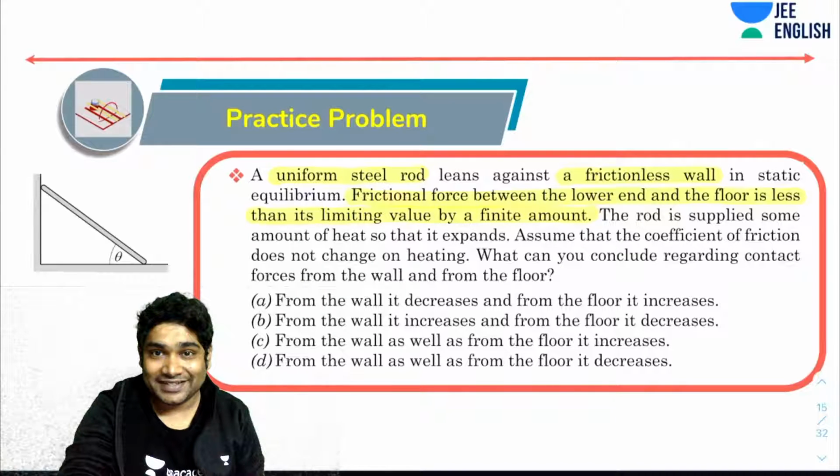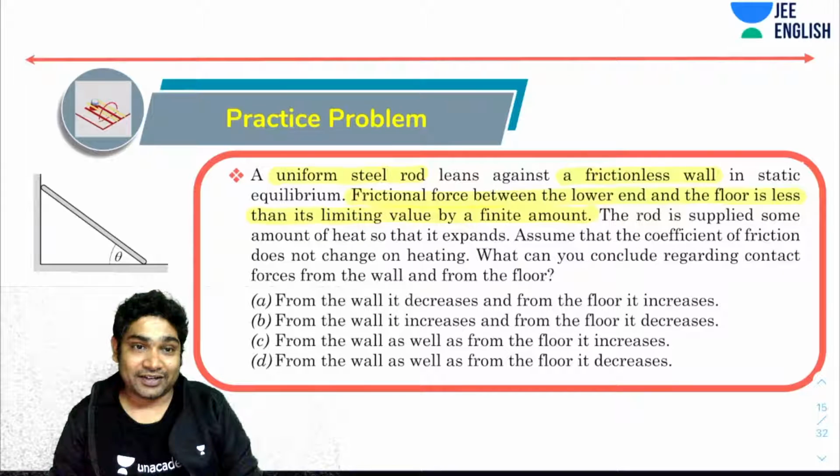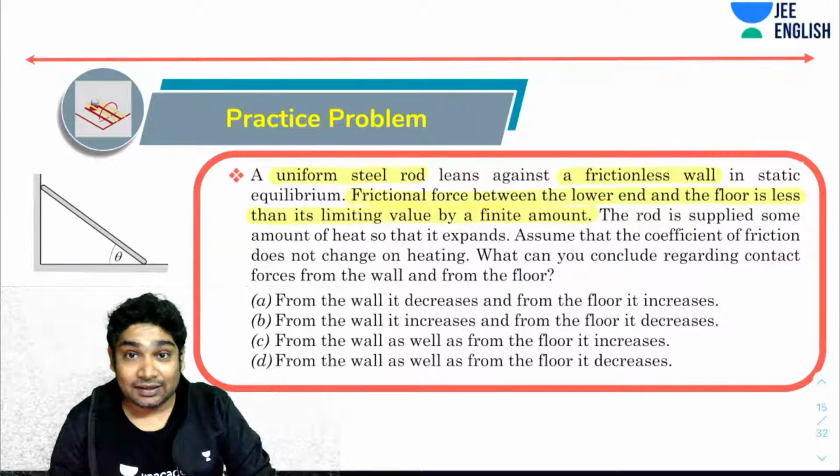And let's see. Suraj says it's A. Okay, so Suraj says from the wall it decreases and from the floor it increases. All right, and two people think it's D.